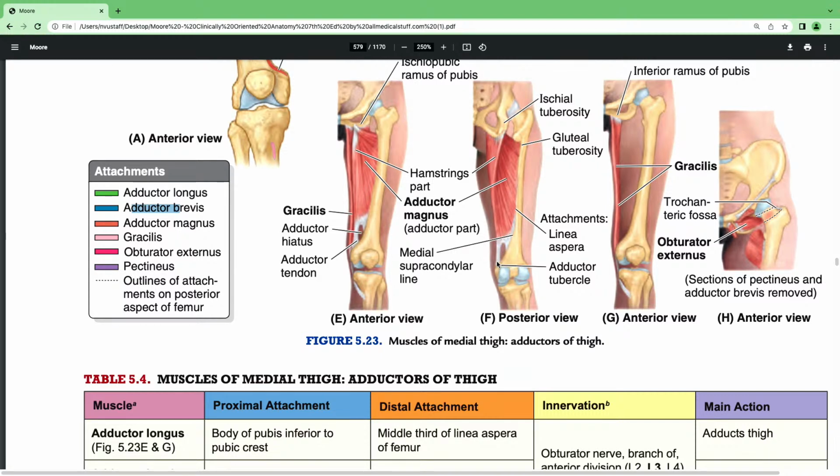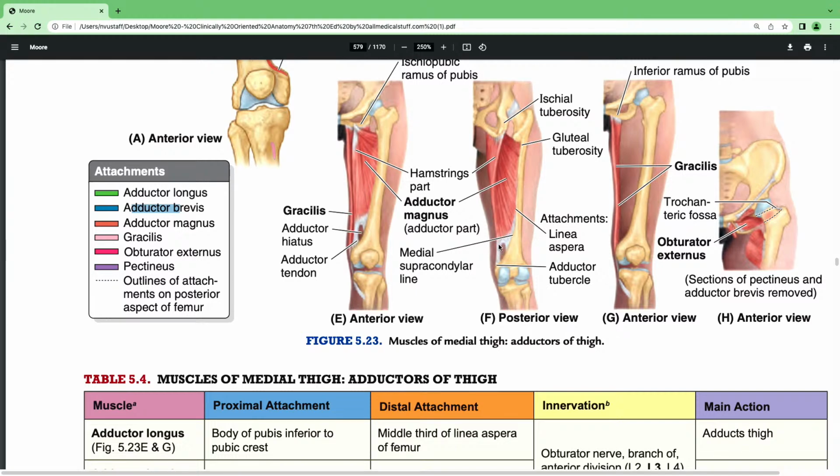Because here we do have the part of the tendon which is associated with the adductor tubercle of the femur, which is always localized on the medial surface of the distal part or distal end of the femur. And here we do have simply the opening. That's why we call it adductor hiatus. So simply the opening in the adductor muscle.